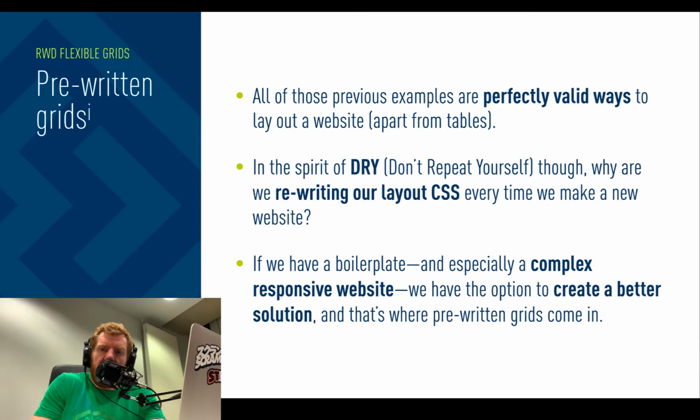Why should we reinvent the wheel? There are lots of more intelligent people out there that have already done this for us. And if we've got a boilerplate, like the one that I'm going to show you, which is Learn the Web's save point, there's usually some kind of grid system already built into it, so there's no reason to bother with writing it over again, and that's where our pre-written grids come in.